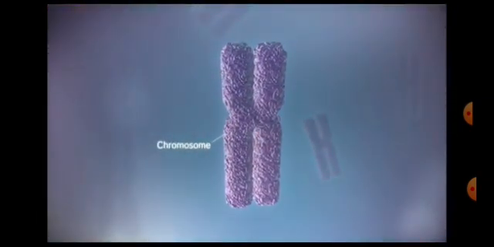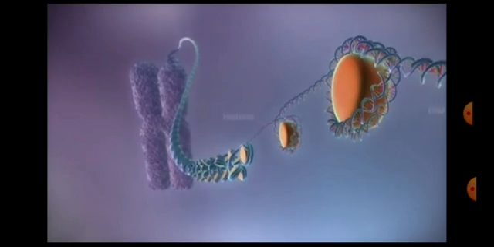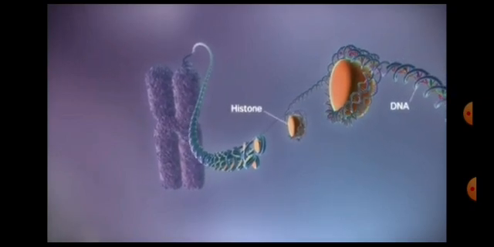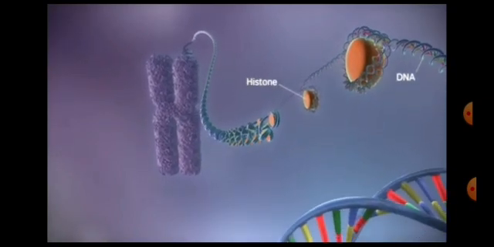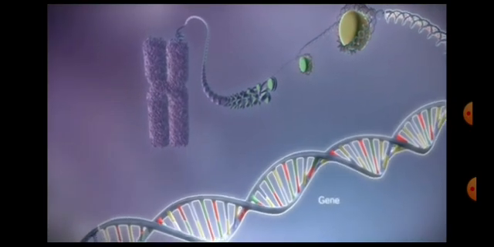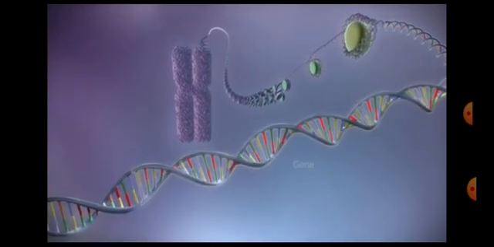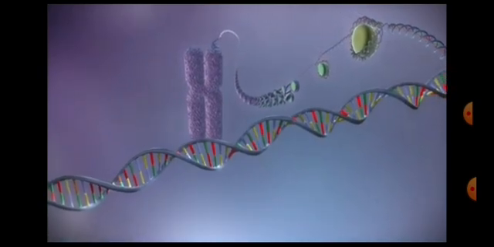This genome consists of chromosomes. These chromosomes are made up of long strands of DNA which are wound around histone proteins. This DNA contains genes. These genes contain the instructions responsible for the synthesis of protein.